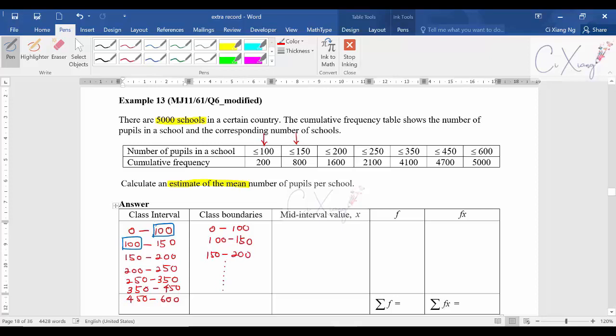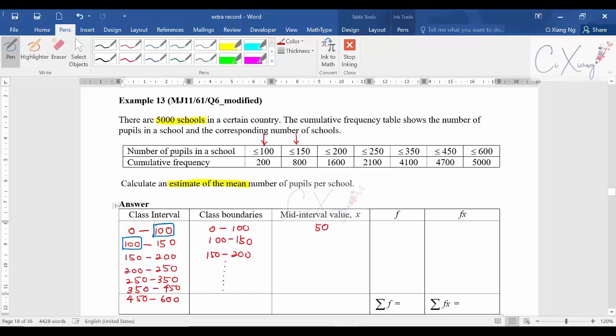Okay, then how about the mid-interval value? Again, for the mid-interval value, as an example, for the first class, you take the class boundary 0 plus 100 divided by 2, and therefore you get 50. Okay, so this is the x that you get for this example.